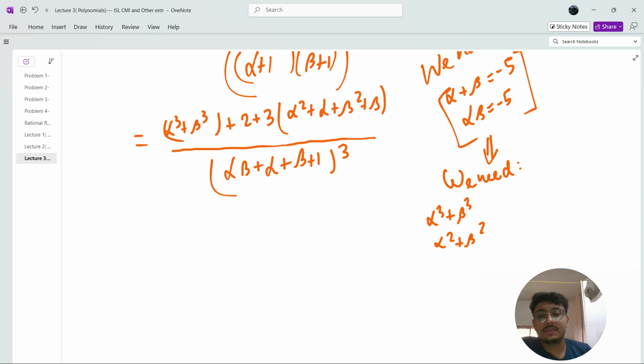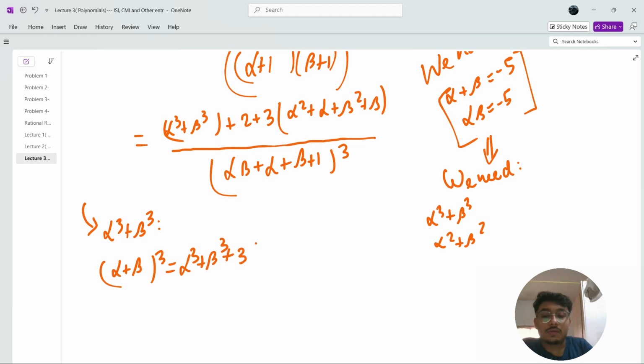Cool. Yes. So let's start with alpha cube plus beta cube. Similarly, as we had done in the previous question, alpha plus beta whole cube is basically your alpha cube plus beta cube plus 3 alpha beta into alpha plus beta. So my alpha plus beta is basically your minus 5. So minus 5's whole cube is minus 125. Alpha cube plus beta cube is needed, so let it remain, plus 3 into alpha beta.